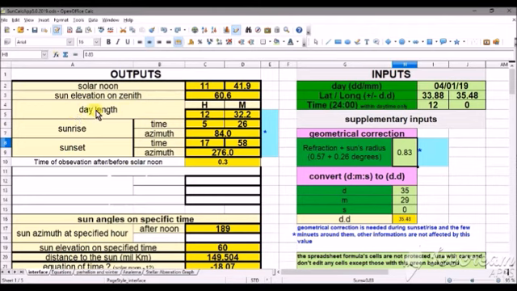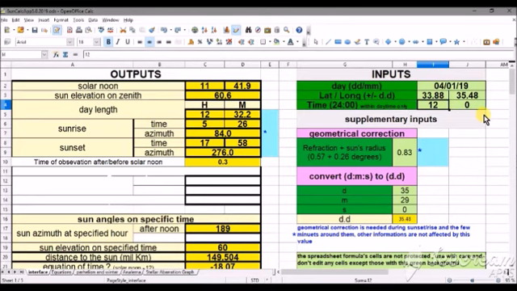And then the day length in hours and minutes. Sunrise, time and azimuth. Sunset, time and azimuth. And then the lower part of this calculator is only for this section if you want the sun elevation and azimuth at a specific time.